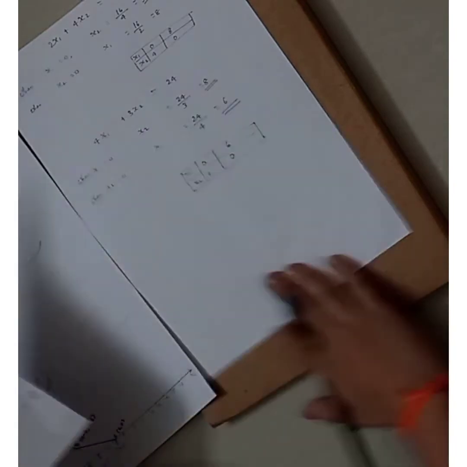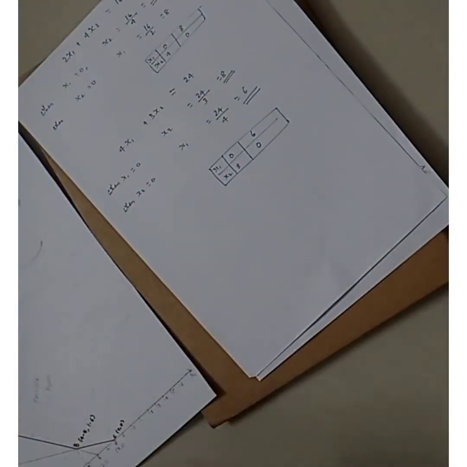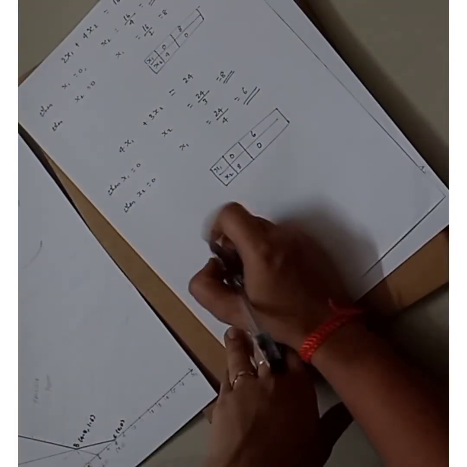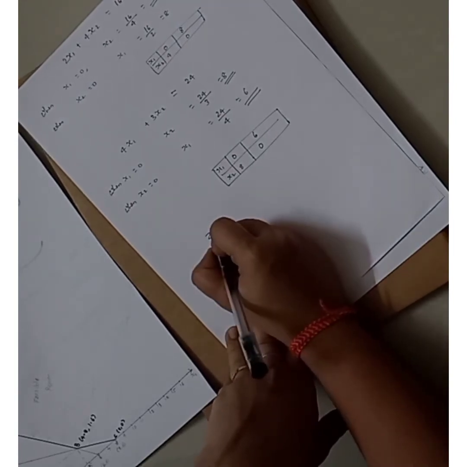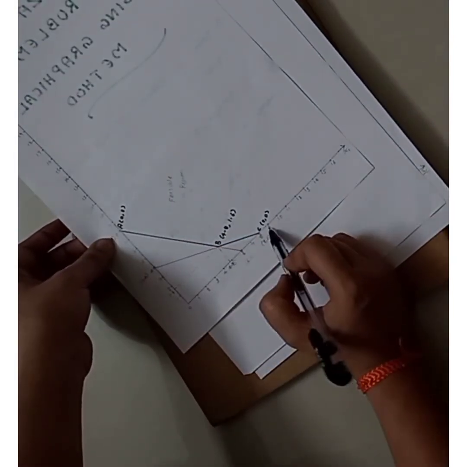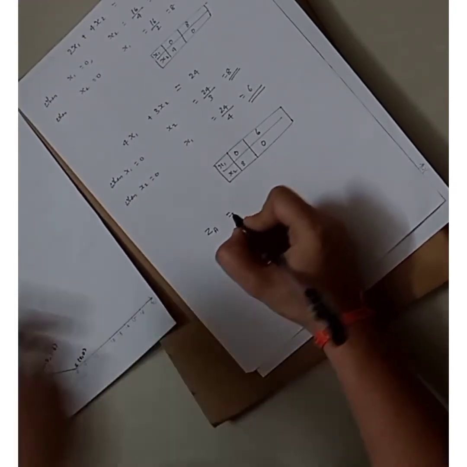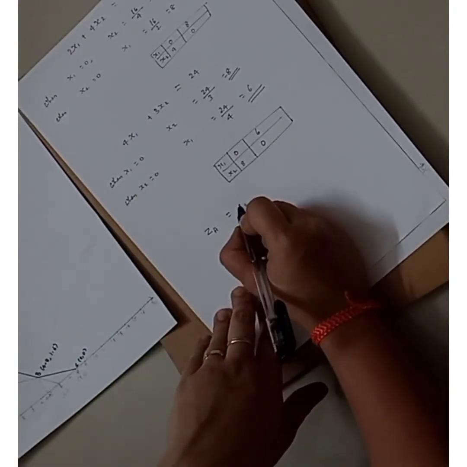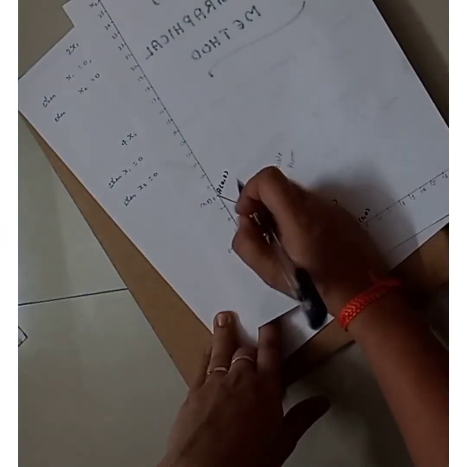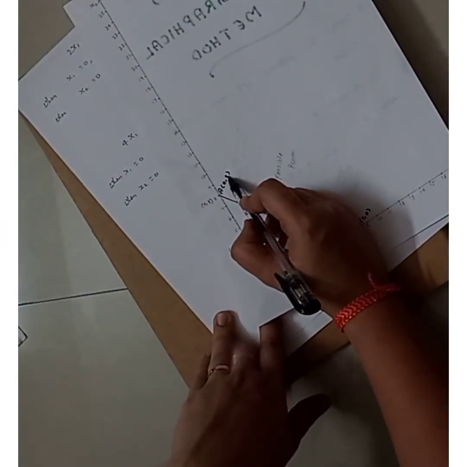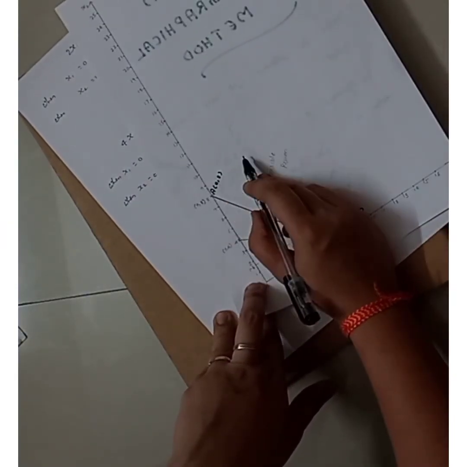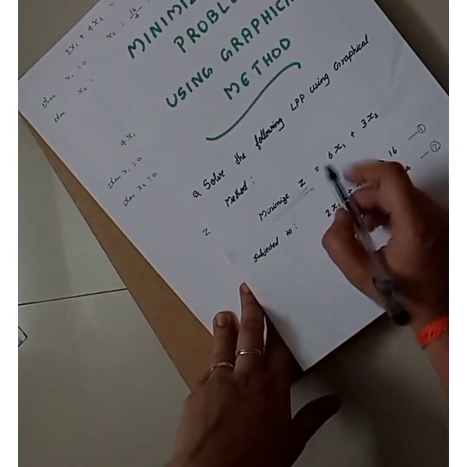Okay, I am just writing it down here. Z for A. So, we have 3 points here. A, B and C. So, Z for A, you can substitute that point. That is, here for A, x1 is 0 and x2 is 8. Okay, so substitute that particular thing in the objective function. The objective function is 6x1 plus 3x2.